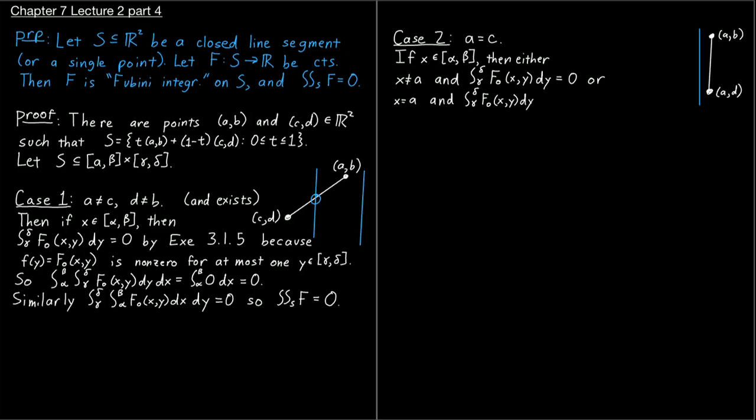That means f naught is piecewise continuous. That is a real number by theorem 3.1.7. And then if we integrate in the other direction, we take the iterated integral.